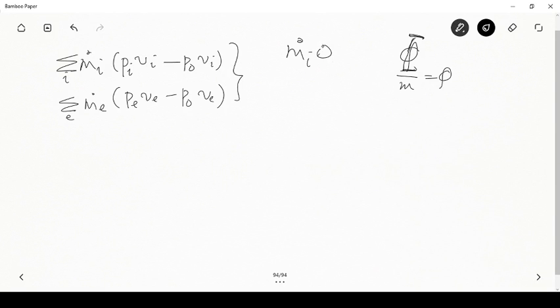So m dot i phi i is the exergy coming in with the flow that's coming in. m dot e phi e will be the exergy going out with the flow that's going out. In addition, because of flow work, there will be these two components that get added.